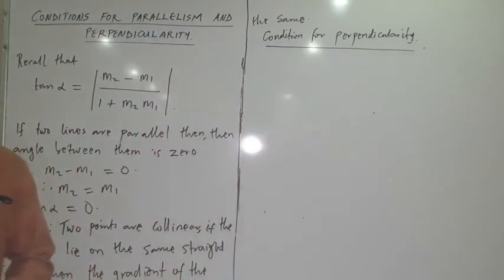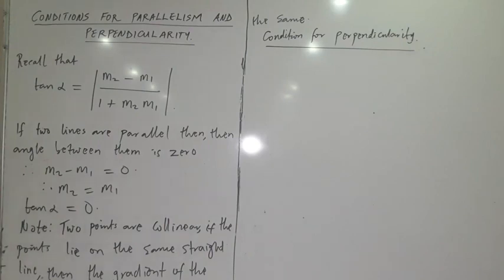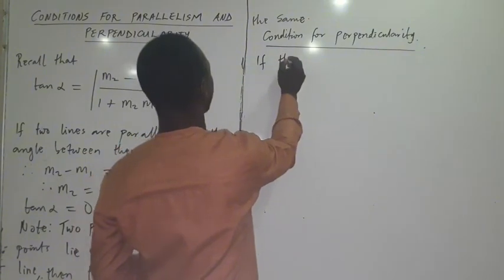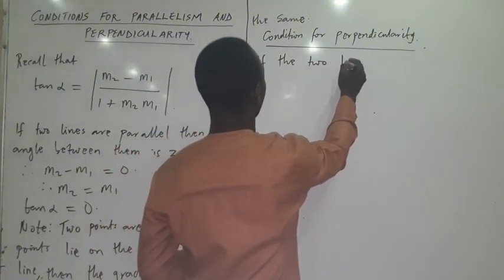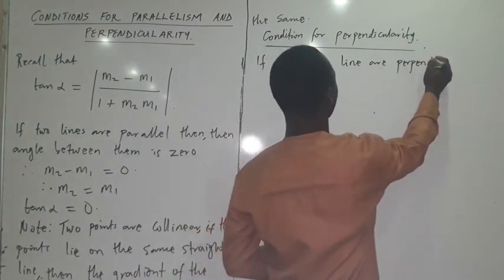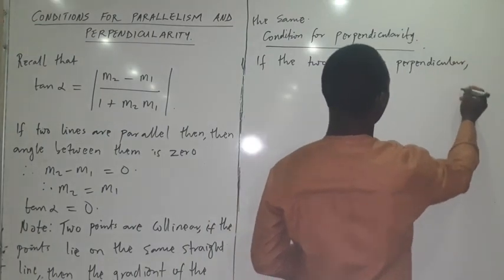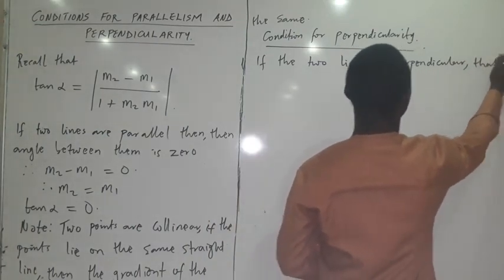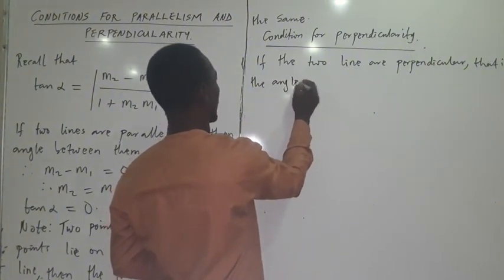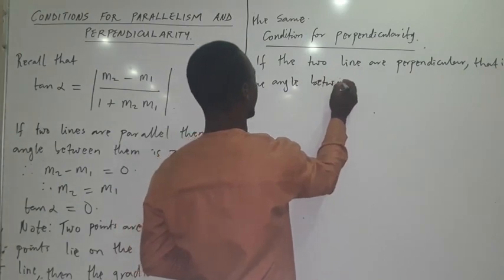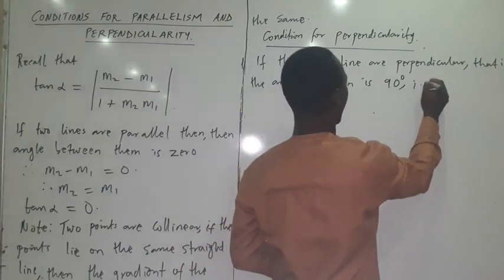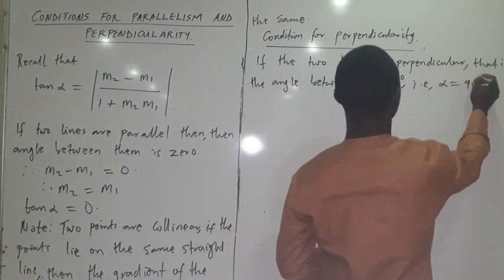If the two lines are perpendicular, that is, the angle between them is 90 degrees. That is alpha equals 90 degrees.